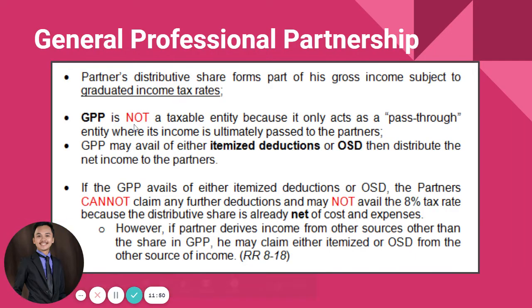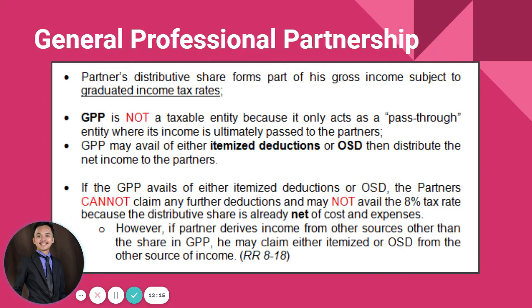Okay? And again, the GPP is not a taxable entity because it is only acting as a pass-through entity where its income is ultimately passed to the partners, as mentioned earlier. But the GPP may still avail of either itemized deductions or the optional standard deduction, then distribute net income to the partners.